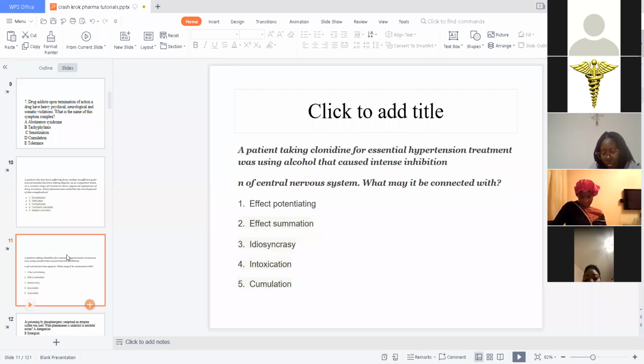Okay, so next person is Agnes. A patient taking clonidine for essential hypertension treatment was using alcohol that caused intense inhibition of the central nervous system. What may it be connected with?